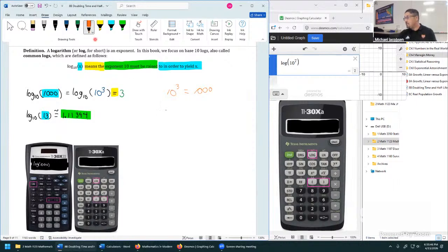So in other words, 10 to the power of 1.11394 is just about 13. And we can get as close to 13 as we would like by taking more and more digits on this number to get closer and closer to the 13.